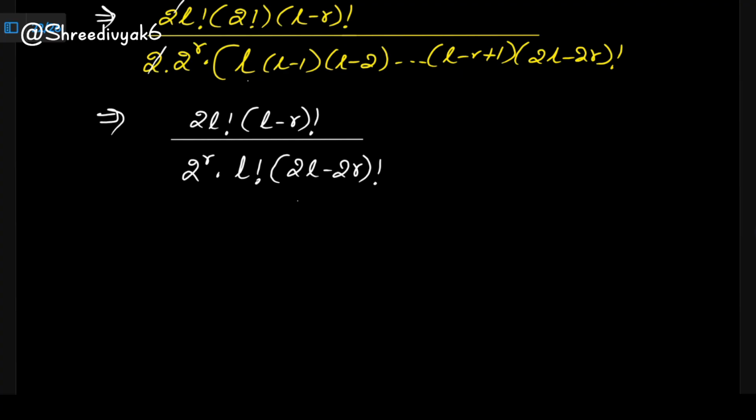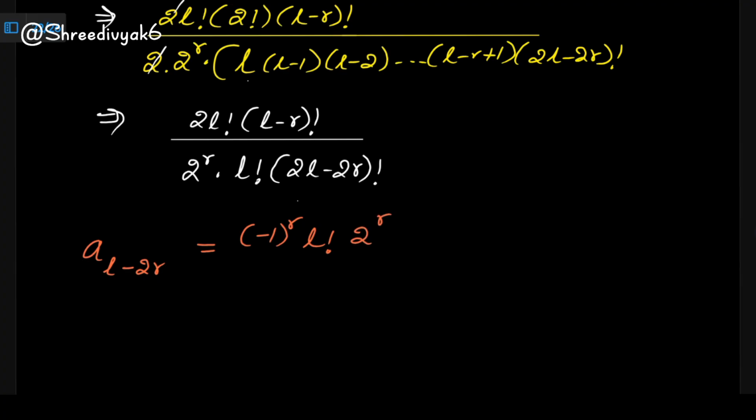Now central coefficient, now I can replace it as L minus 2r is equal to minus 1 raised to r L factorial. Substitute all those alterations we have done.